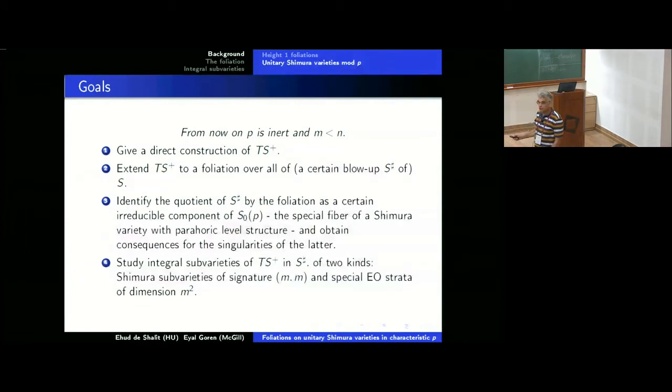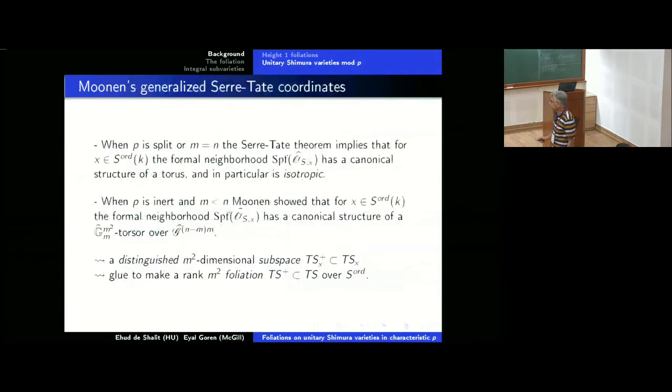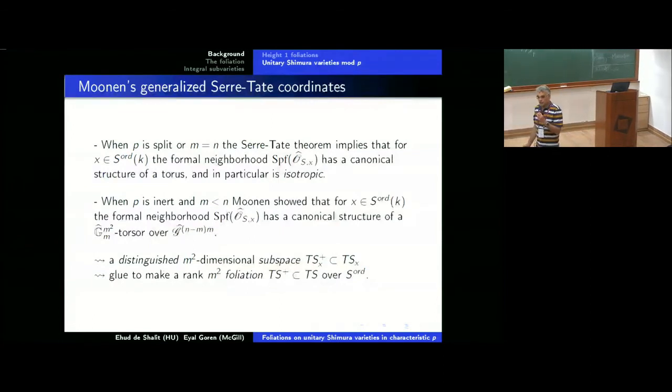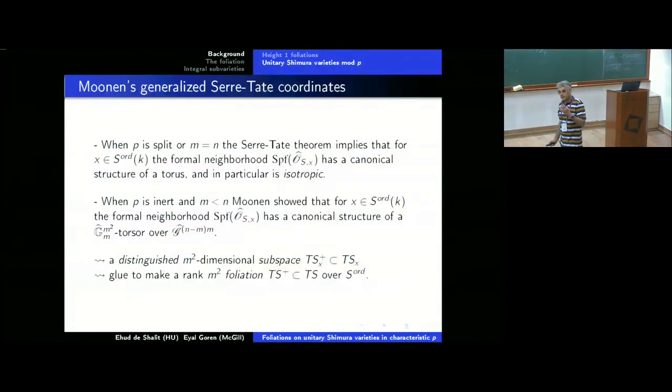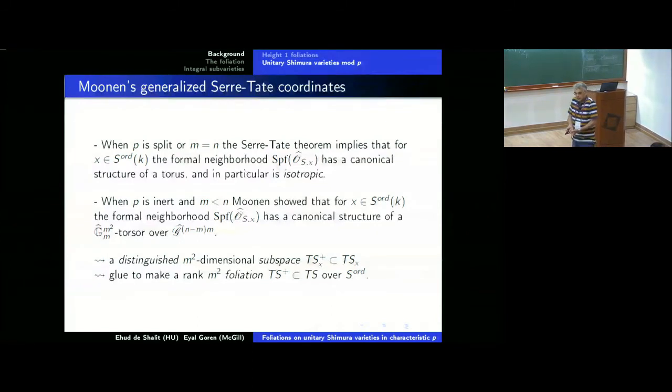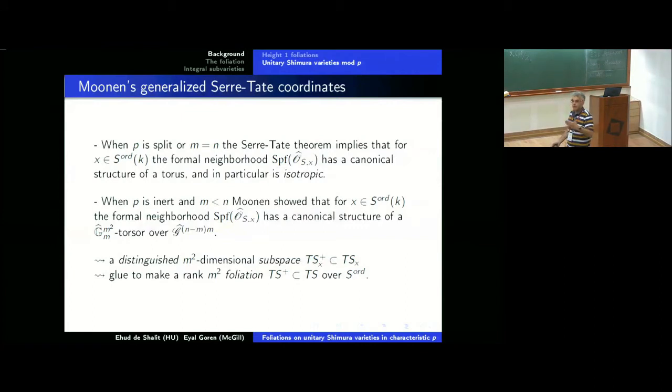Okay, so TS plus was a byproduct of Moonen's generalized Serre-Tate coordinates. Moonen had generalized Serre-Tate coordinates in this situation, which are not a torus, but rather a torus torsor over some formal group. And if you have such a situation, at the tangent space, you have a preferred direction, a subspace. Now, that's done point by point.